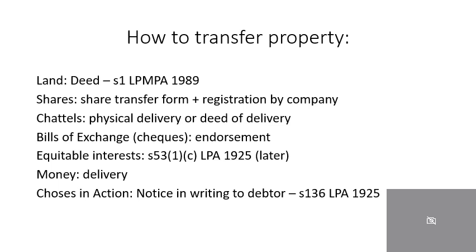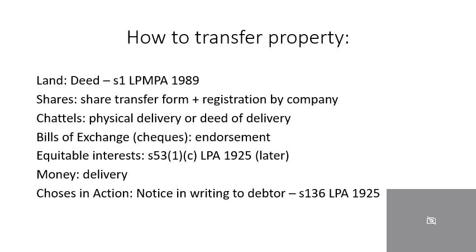But what if you had a house full of stuff that you want to give to someone? You can't literally, one item at a time give it to them. So to facilitate it, what you will do is execute a deed.